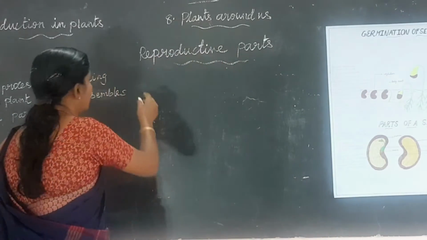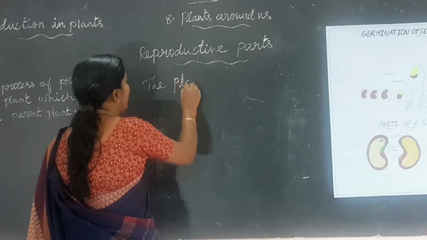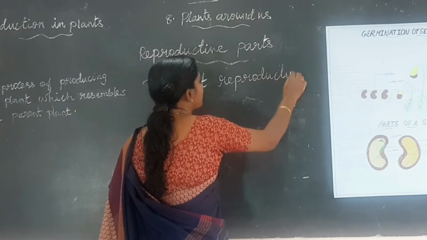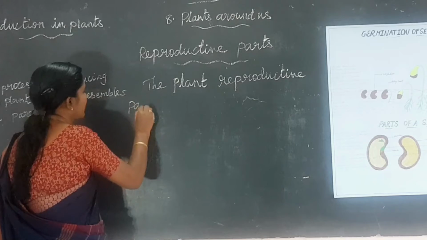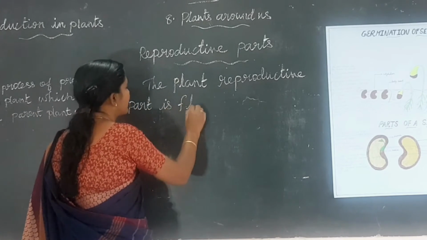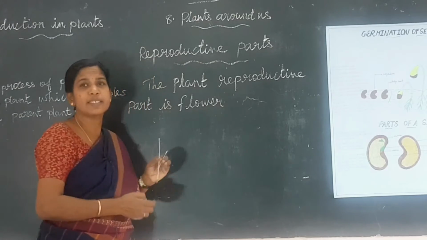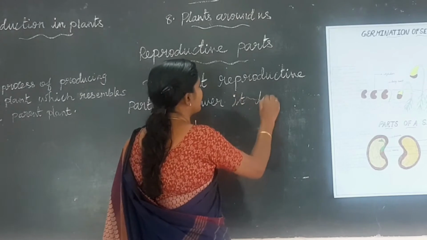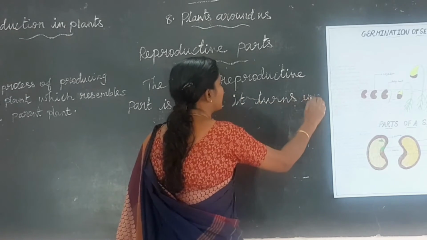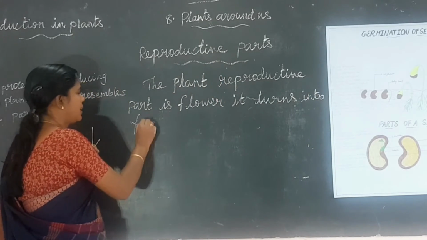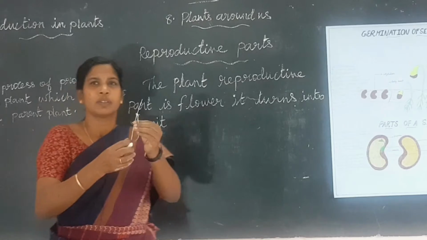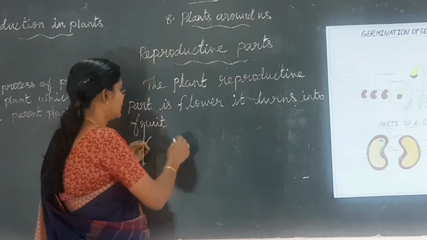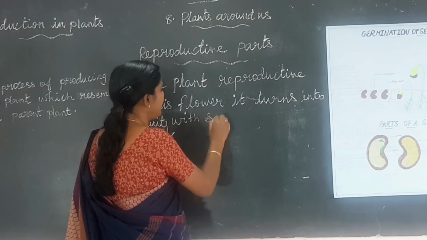The plant's reproductive part is the flower. It turns into a fruit, with seed inside it.